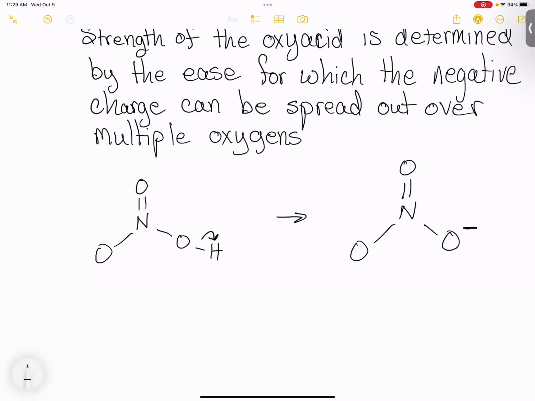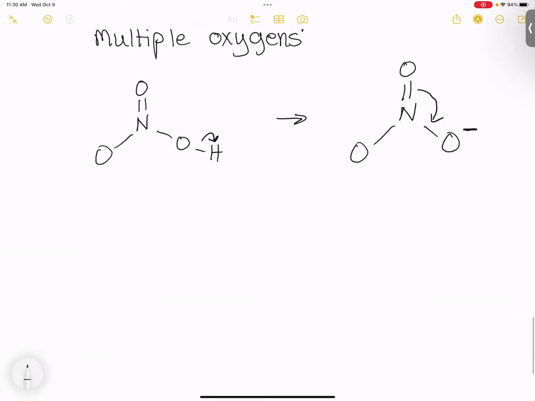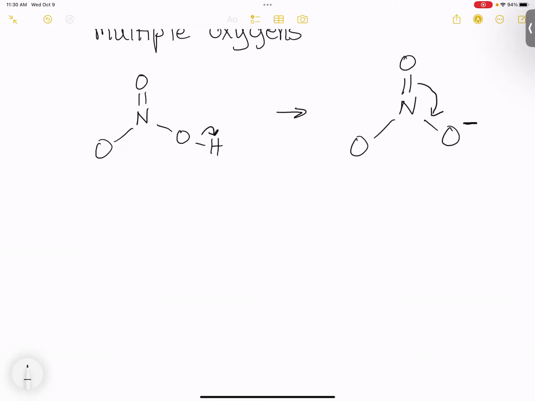But because nitrate has that double bonded oxygen there, remember, you've got to remember nitrate has resonance structures. Because nitrate has resonance structures, that double bonded oxygen doesn't necessarily have to be in the location I drew it.